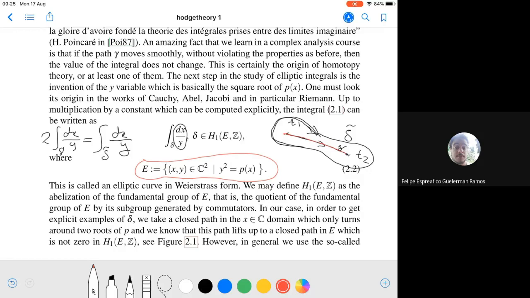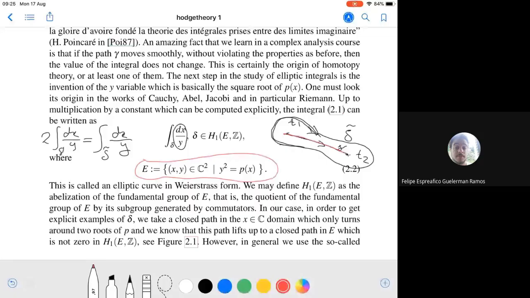So it's safe to say let's imagine that delta tilde gets contracted. But when it contracts, what does it become? It becomes gamma plus minus gamma. Minus gamma means the opposite direction.